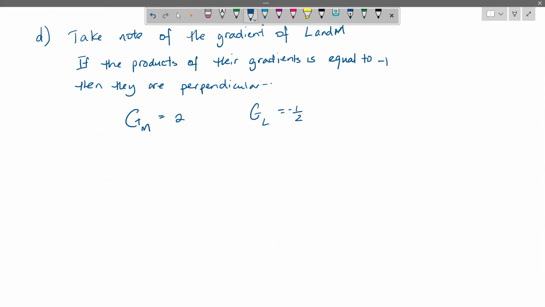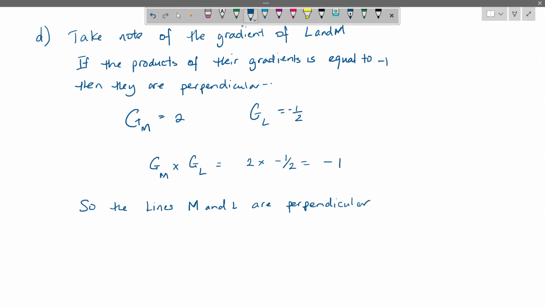We multiply the gradient of M by the gradient of L, 2 multiplied by negative a half. That's giving us negative 1. So the lines M and L are perpendicular.